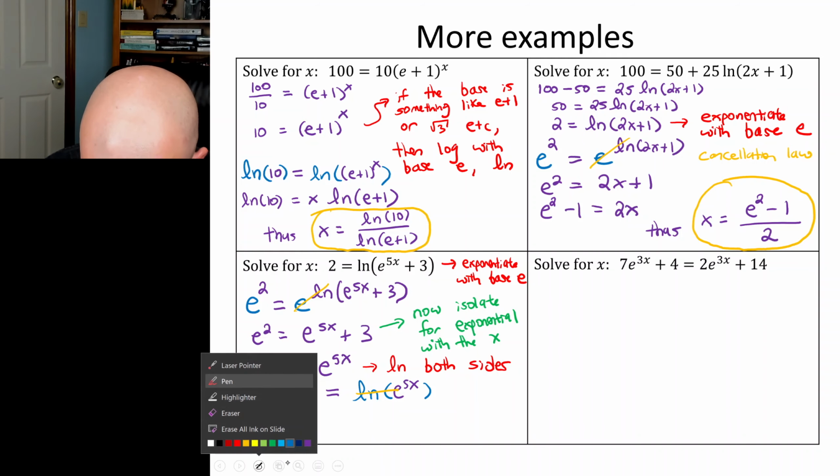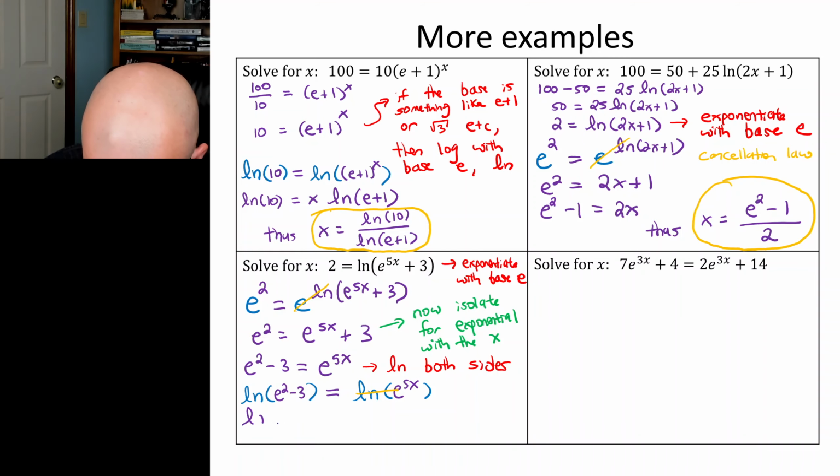So the ln of e squared minus 3 equals 5x, and we're done. We just divide both sides by 5. So x is equal to the ln of e squared minus 3 all divided by 5.